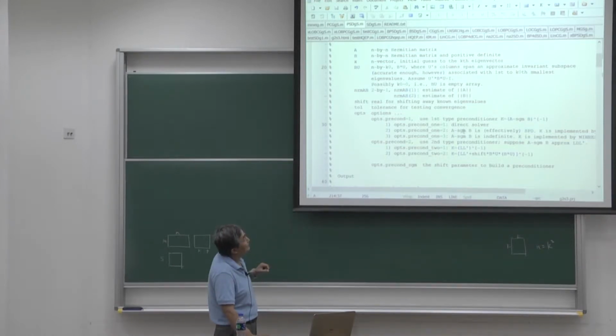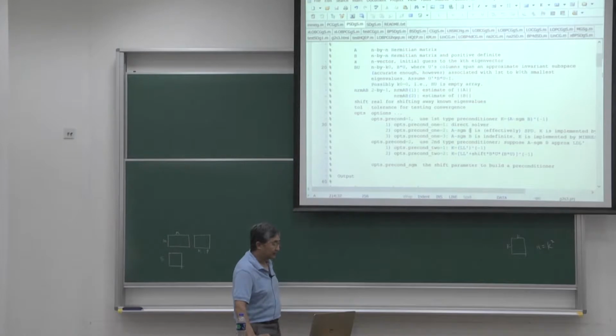So A minus sigma B, the shifted matrix, is positive definite. It's implemented by linear conjugate gradient. And the third option I haven't implemented yet. There are places marked to be implemented. You can do it later on your own, but I haven't done that.